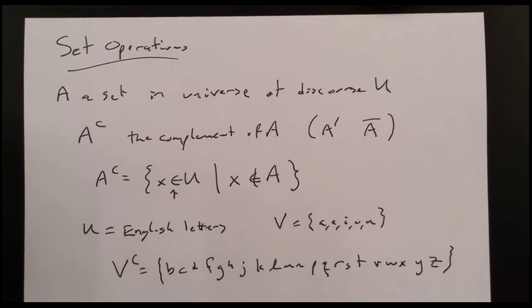There, it's all the rest of the alphabet. But that's literally the negation in logic turned into a set idea: the set of things that are not part of A, that are still part of the universe we're talking about.